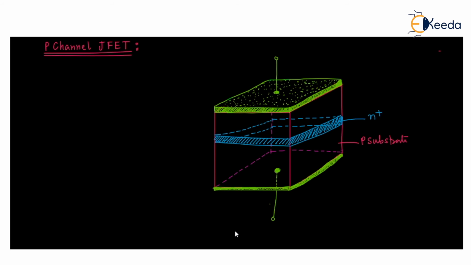Now this region is the metal layer, and this region is the metal layer. So this is the source terminal, and this will be the drain terminal, and the gate terminal will be here.